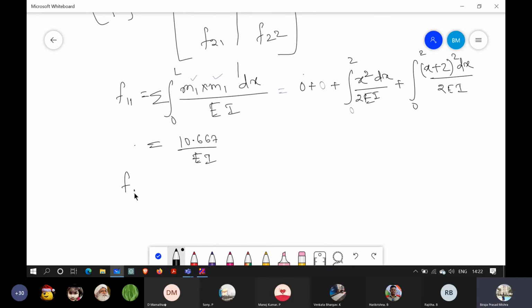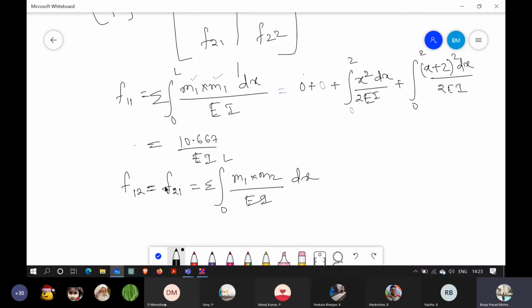And similarly F12 will be equal to F21, and this will be the summation 0 to L of M1 into M2 divided by EI into dx.